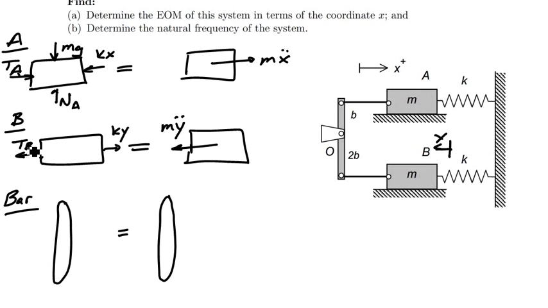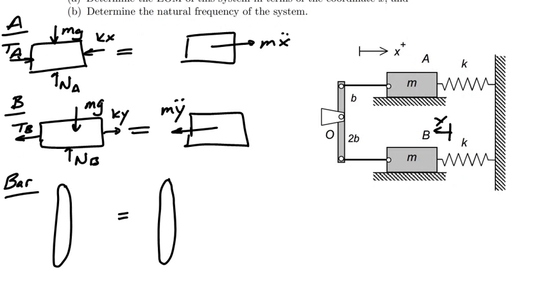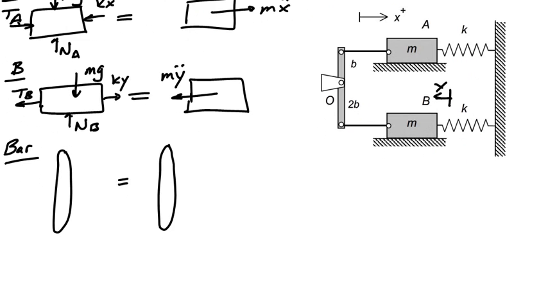That will be TB. And then I also here will have a normal force between the block and ground, which I can call NB. And I'll have the weight, which of course will simply be mg. And I note, as we'll show in a minute, that x and y will be different because of the two different lengths associated with the little lever arm here.